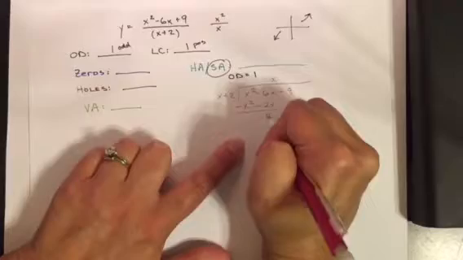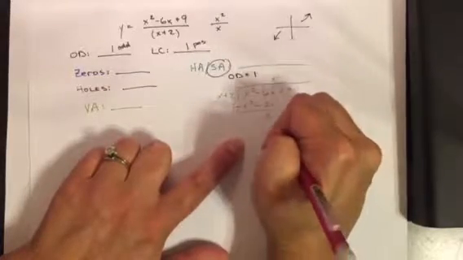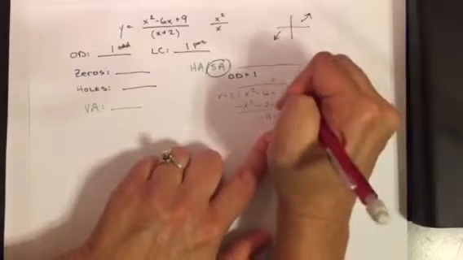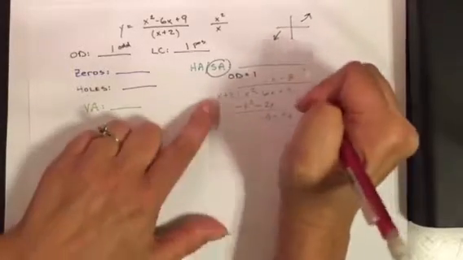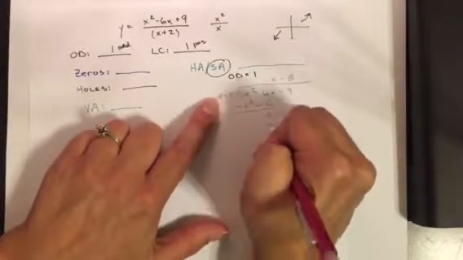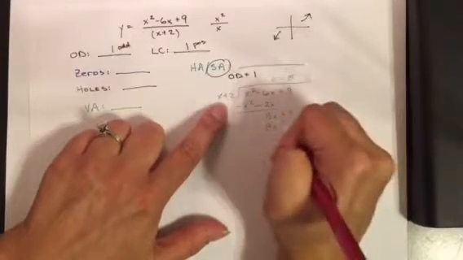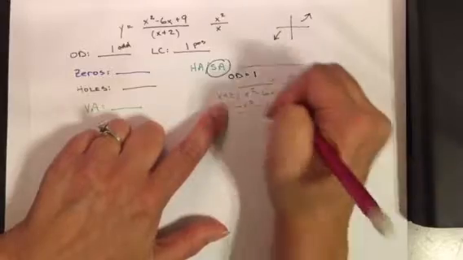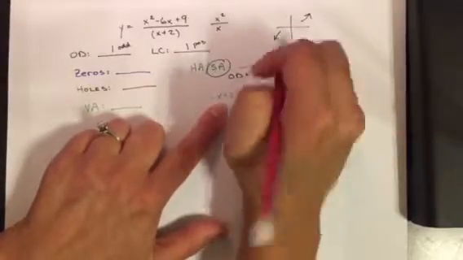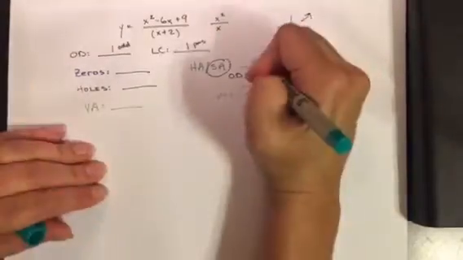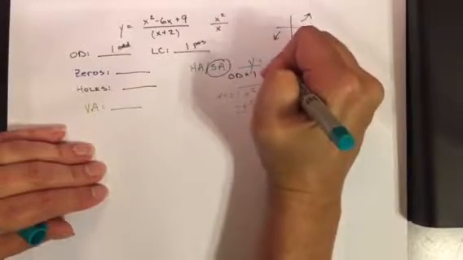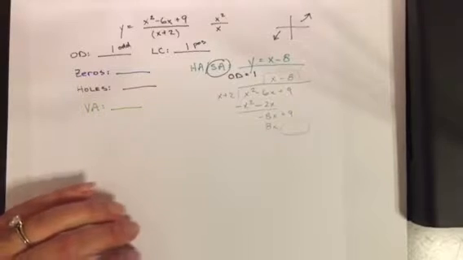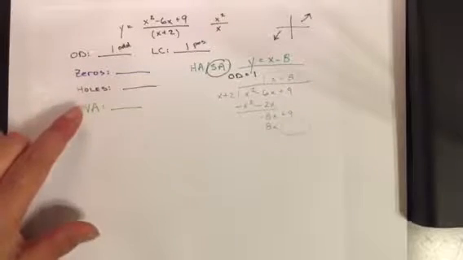So that gives me negative 8x plus 9 as I carry it down. And then to get rid of this negative 8, I'm going to subtract a negative 8, which is positive 8. And then I actually don't need to finish this. I don't need to get my remainder. All I need is the equation for my line. So y equals x minus 8. So I'm going to have a slant asymptote at y equals x minus 8.